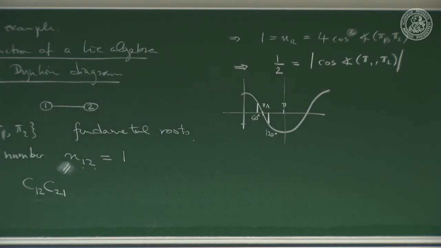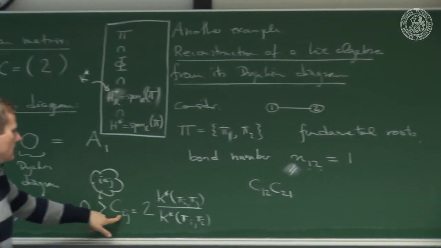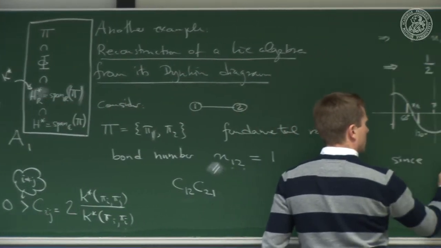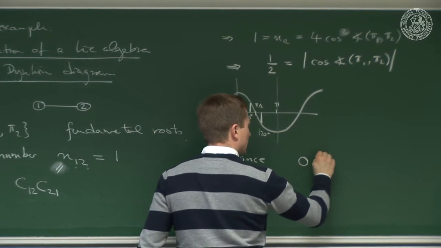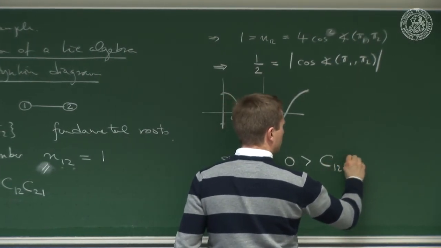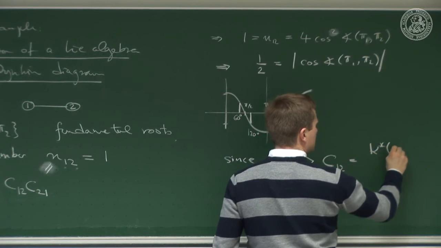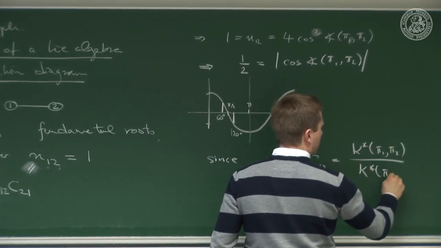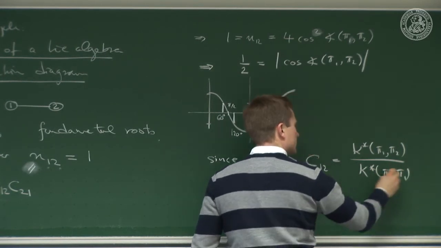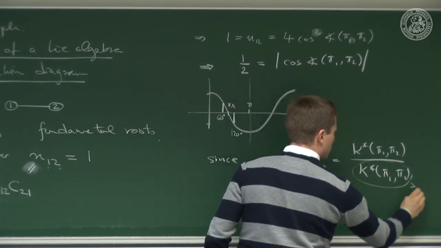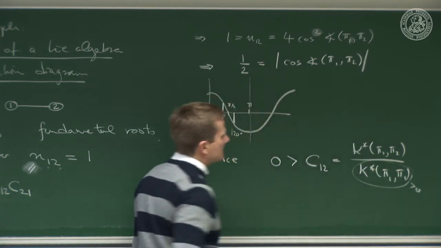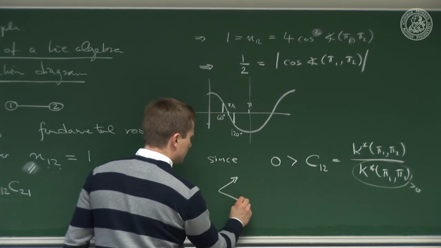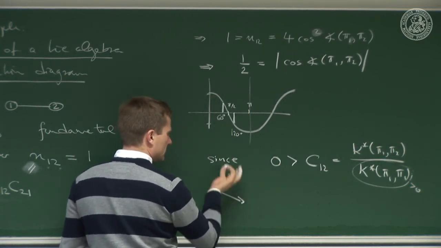But now you see, we need to go back to the Cartan matrix, since 0 is greater than C12, and C12 is k star of pi1 with pi2 over k star of pi1 with pi1, which is positive. We saw this is positive. That means that the k star between pi1 and pi2 is negative, so the situation is not 60 degrees, where the projection is positive.